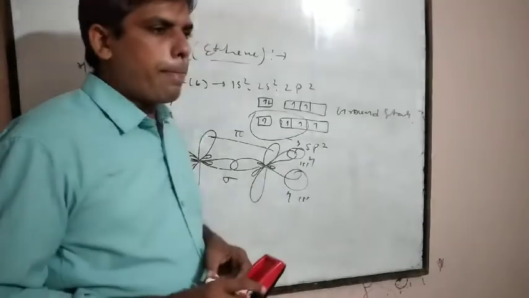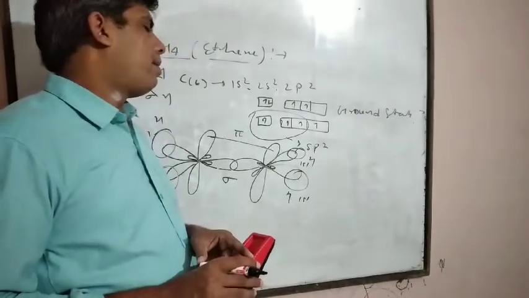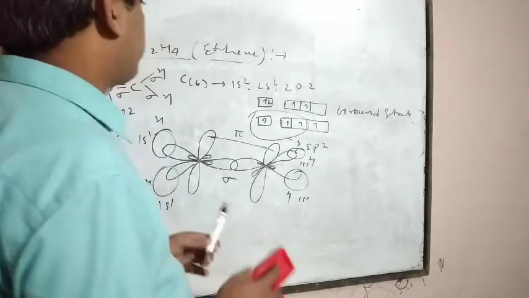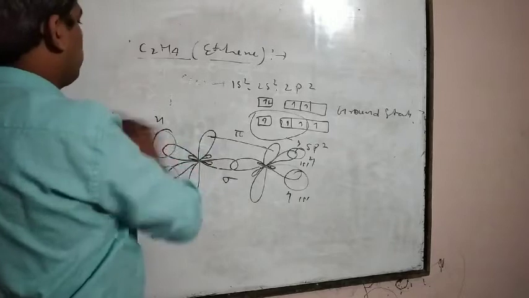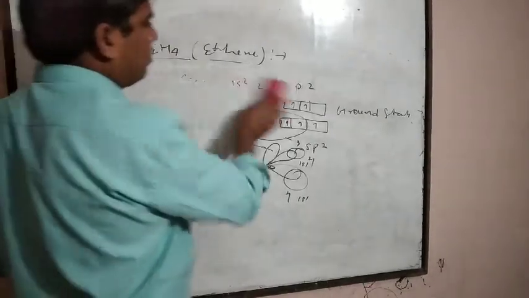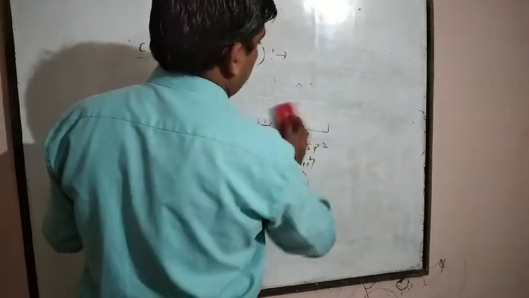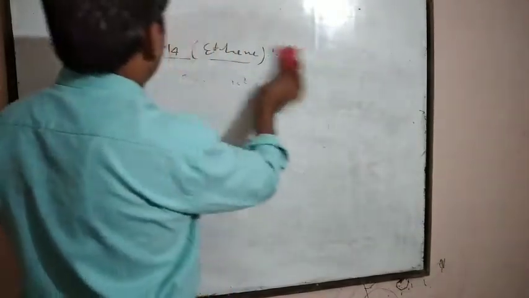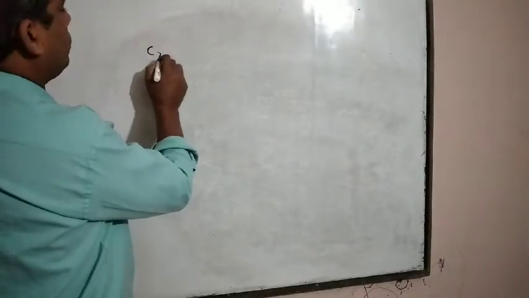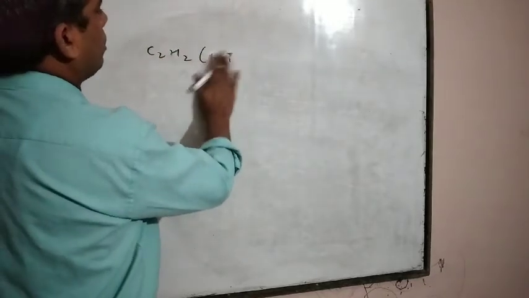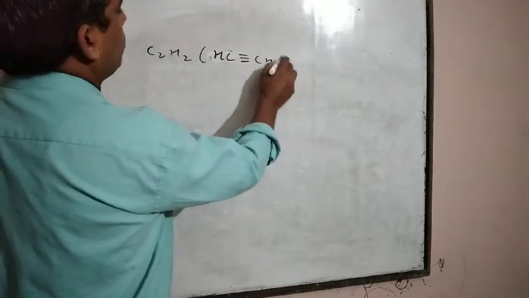Now we will discuss the hybridization of carbon in ethyne, C2H2, that is HC triple bond CH.